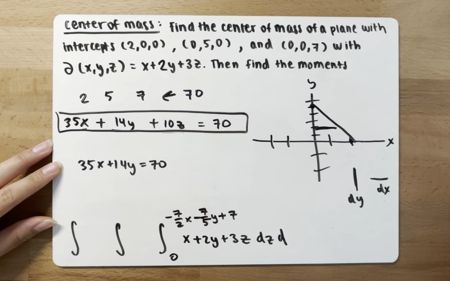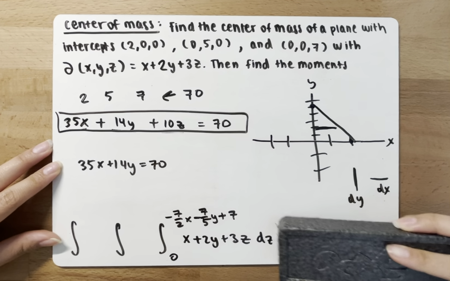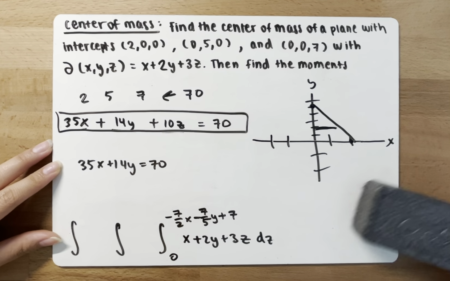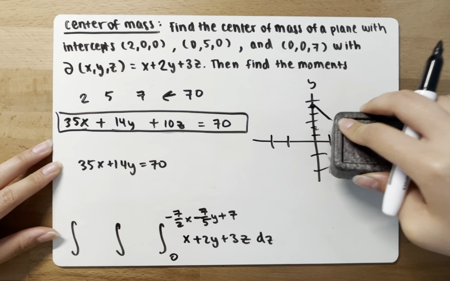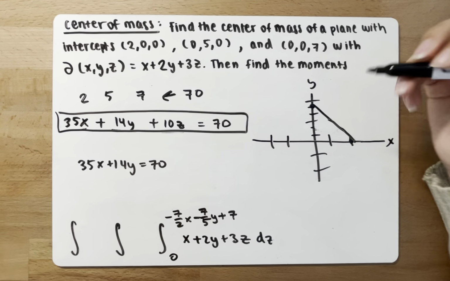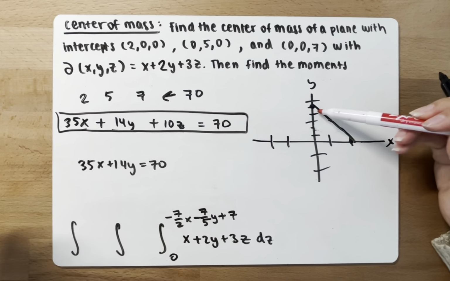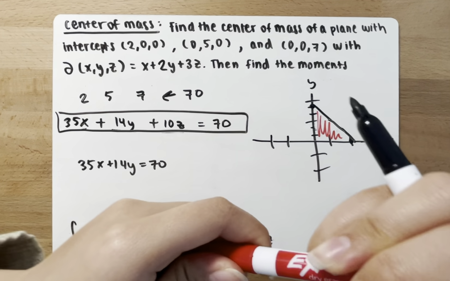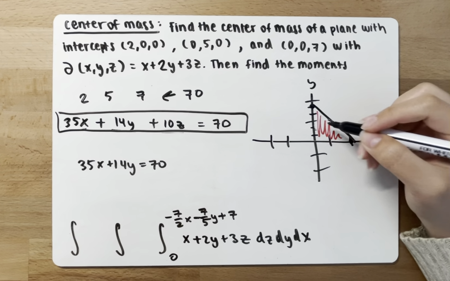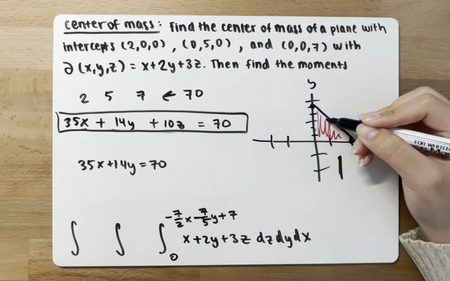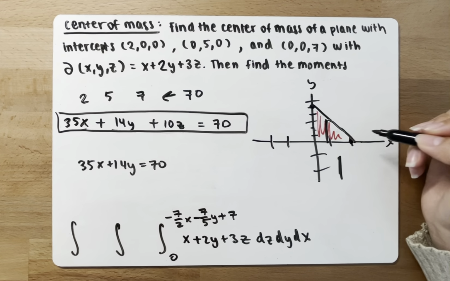One second. On second thought, I'm going to do dy. Let's do this slider instead. dy dx. So the slider will be like this and go from left to right.